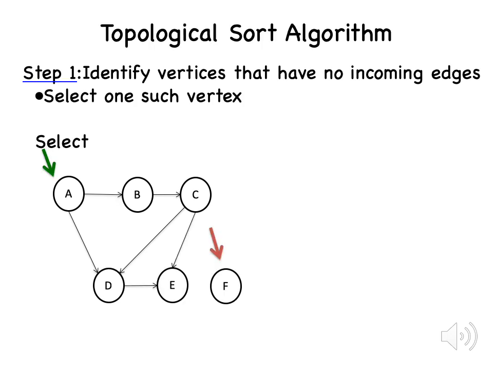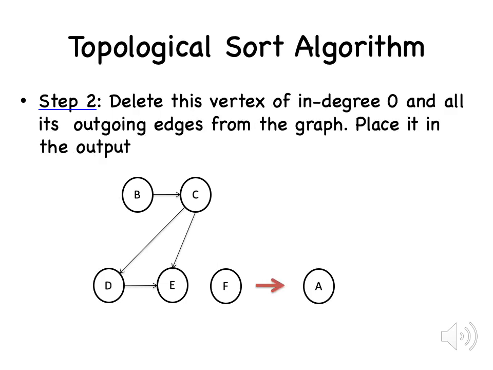Coming back to the example, A and F are the vertices which have no incoming edges. So, select one. We have selected A. The second step of the algorithm is to delete this vertex of in degree 0 and all its outgoing edges from the graph, and place it in the output.